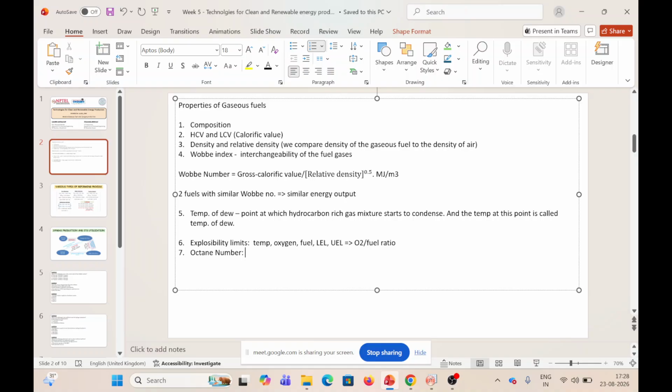If you remember, in crude oil characteristics, we discussed many parameters. Among them, octane numbers and cetane numbers were a few. So now, even in case of the gaseous fuel, we have to discuss the octane number. So what exactly does the octane number represent or signify, like what does it indicate?